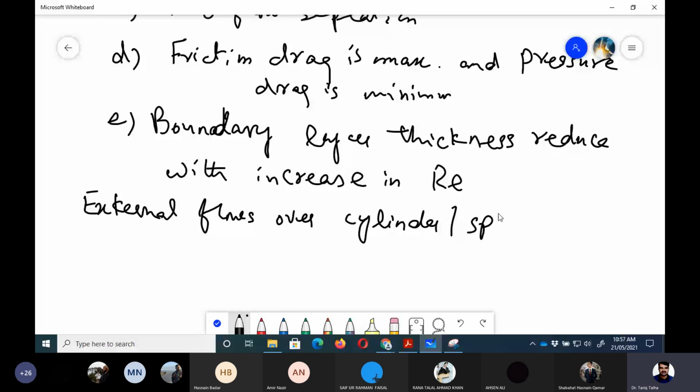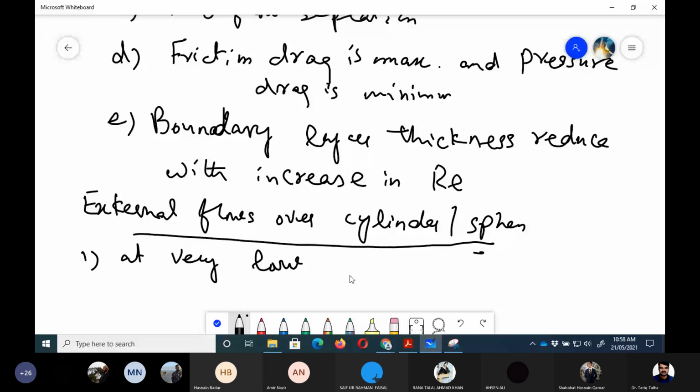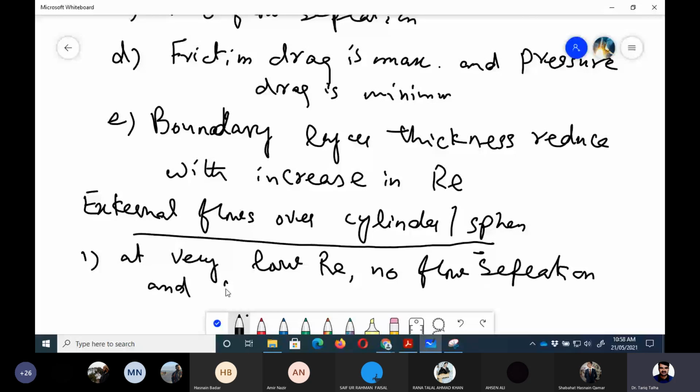We can say that at very low Reynolds number, there is no flow separation and friction drag is maximum.